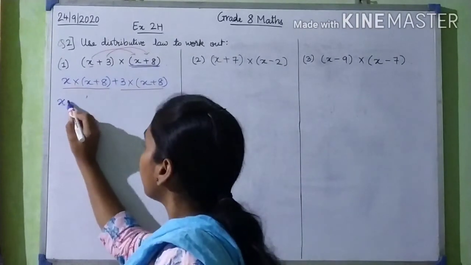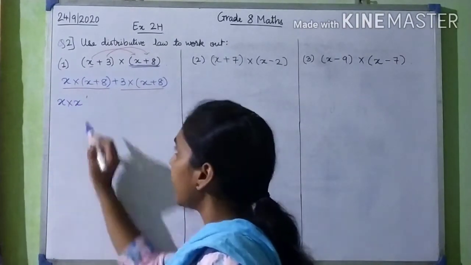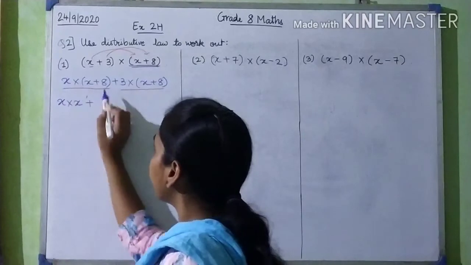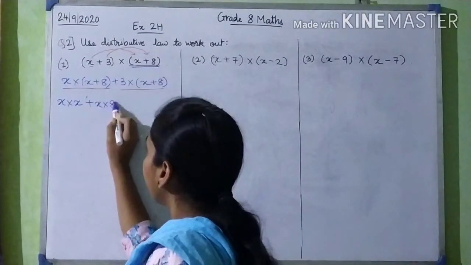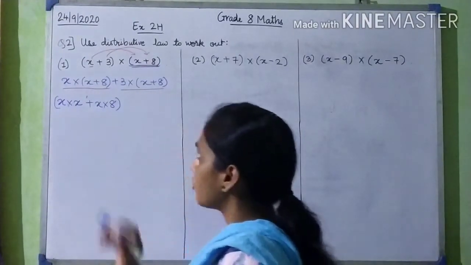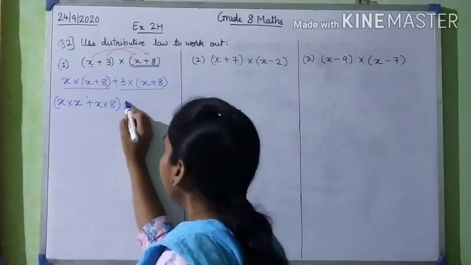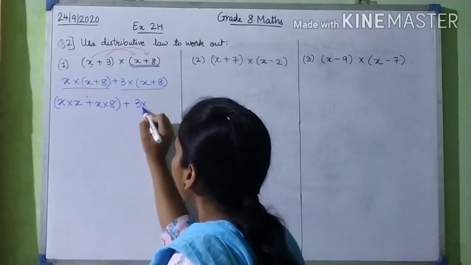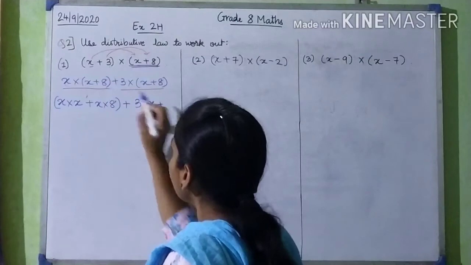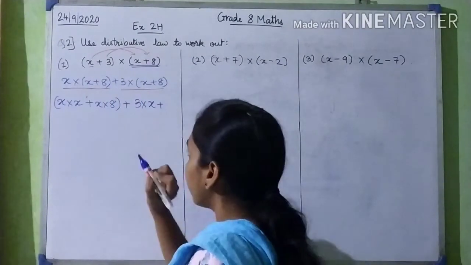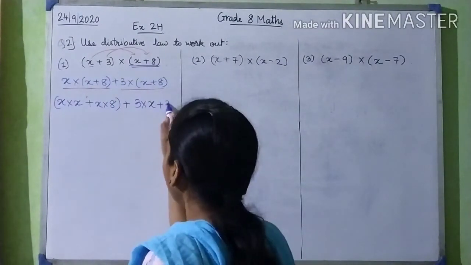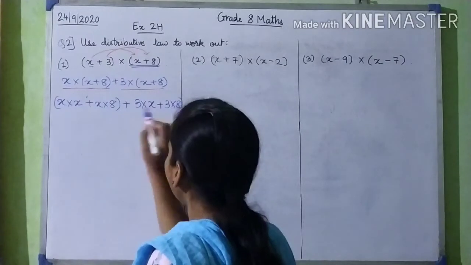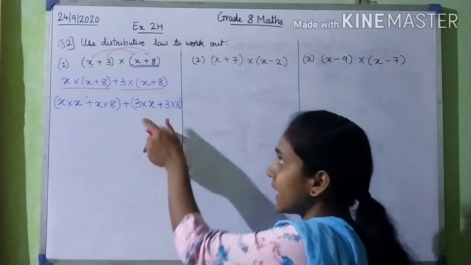So it will be x multiplied by x plus x multiplied by 8. This is our first part. Then this 3 will again get multiplied; plus into plus is plus, so I've written plus, then 3 multiplied by 8. This is our second part.